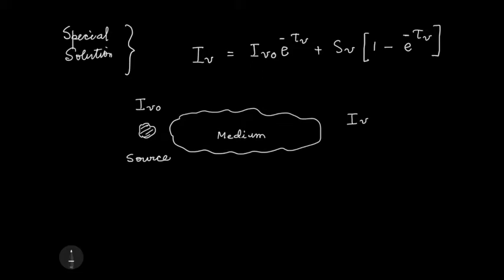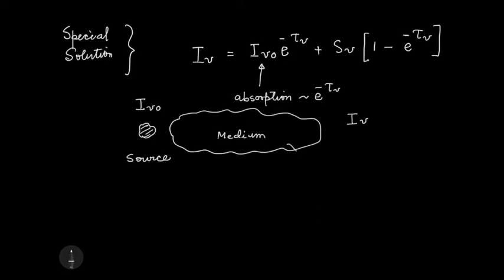And here I have this I nu. This I nu 0 goes through the medium, and a part of it is lost because of the absorption in the medium. So that I nu 0 is lost by absorption, and the absorption factor is e to the minus tau nu.